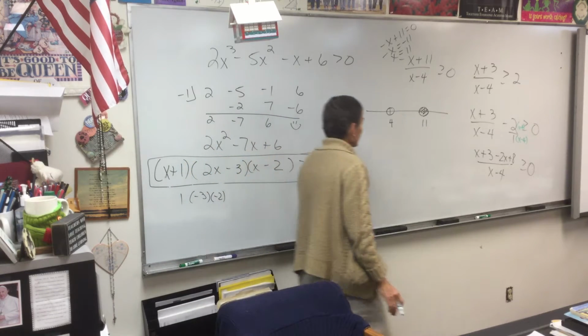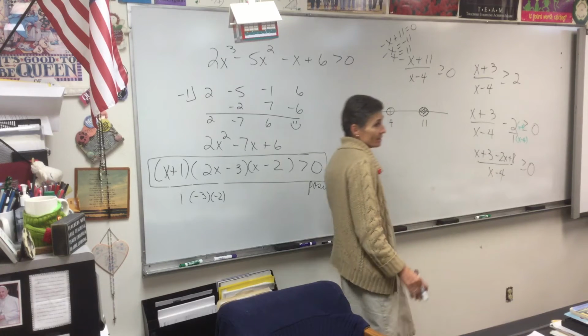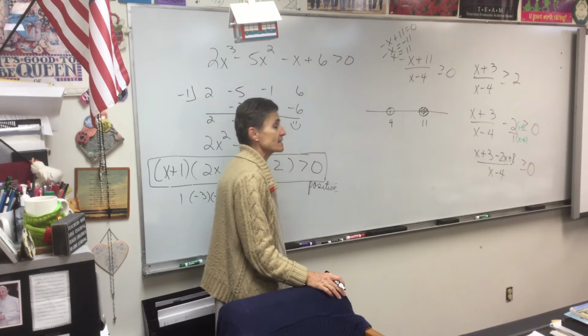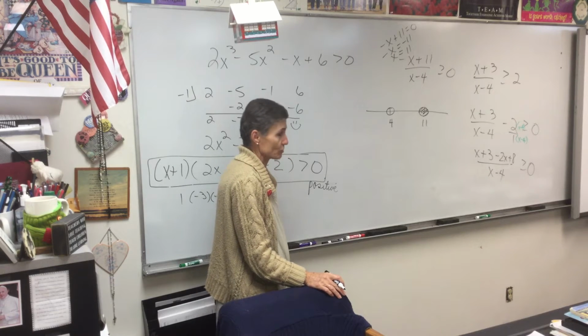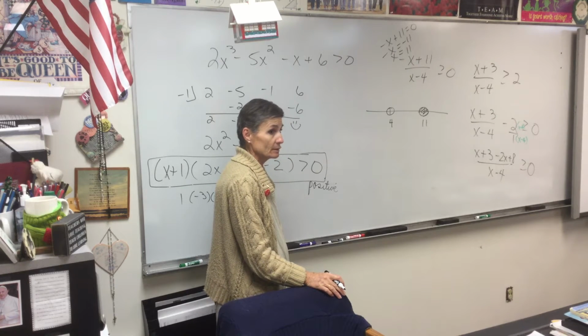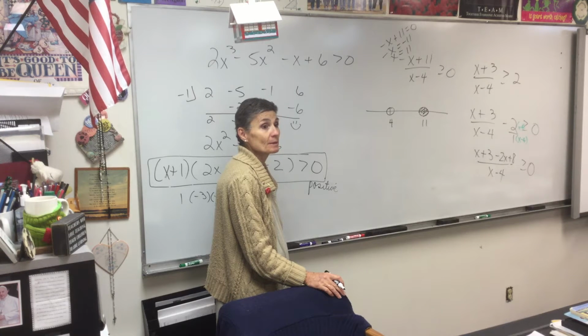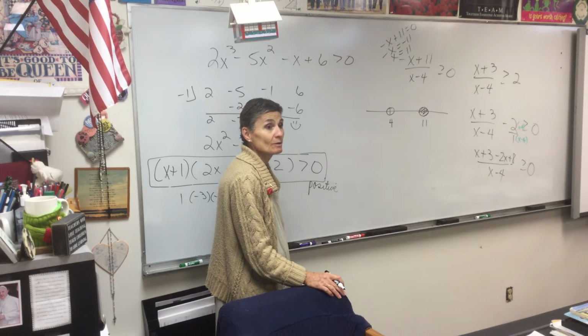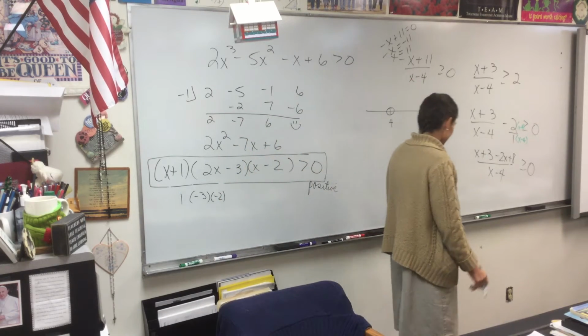Now some of you, those of you that are still awake, are looking at the problem and saying, but Mrs. Ford, it's an or equal to problem. And in an or equal to problem, the dots are supposed to be colored in. Patty? I was about to add on to that by saying it can't if the denominator is 0, because that's undefined.